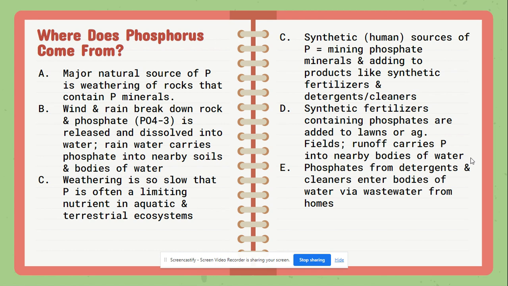Some synthetic or human sources of phosphorus can be when we mine phosphorus from rock, as well as add it to our fertilizers and use it in our detergents and cleaners.